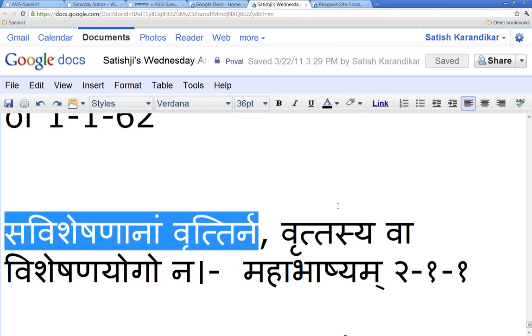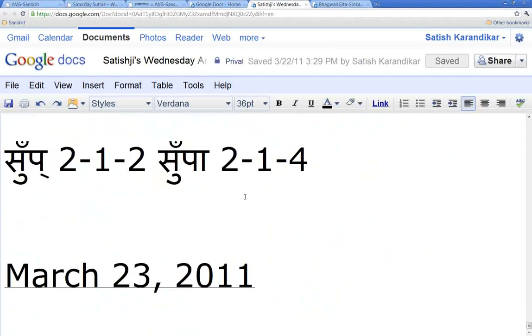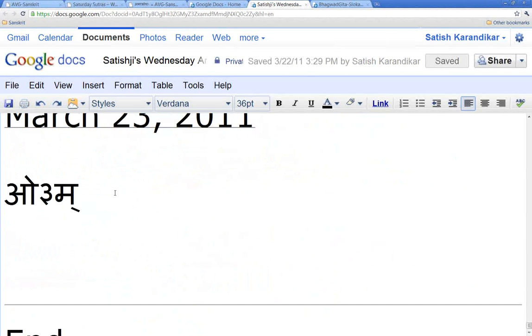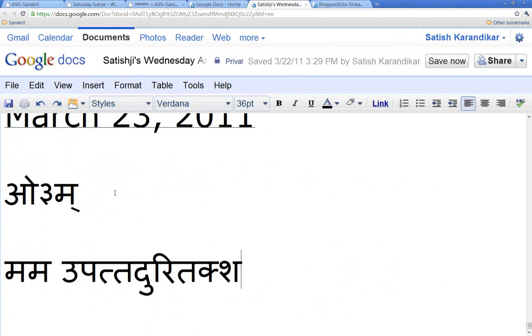Madupatta will become that, not because Mama Upatta became a sandhi there. So that's another example of where, in the vritti, you should not have it. So when you do puja sankalpa, you say Mama Upatta Durita Kshaya Dvara.